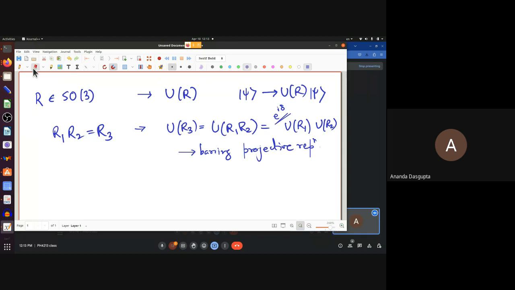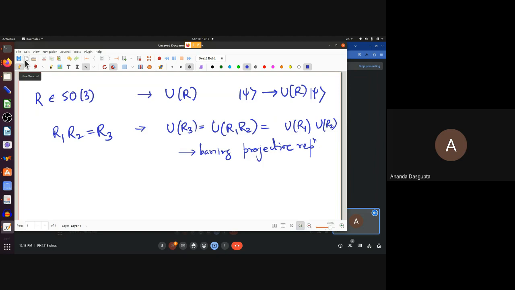But the same basic redundancy in quantum mechanics can be used to our advantage in this case, so that you can redefine the phases of your states, and you can always ensure that U of R3 is exactly equal to U of R1 times U of R2. Now, that you can always do this for rotations is one thing. There are certain other situations where a projective representation is essential.